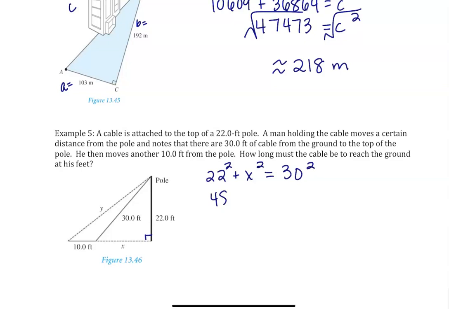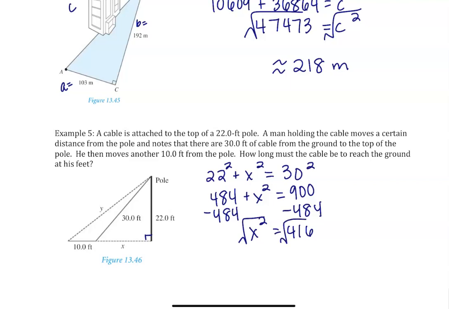So that's 484 plus x squared equals 900. Subtract 484. You get 416. If you take the square root of that, we're looking at 20.4.